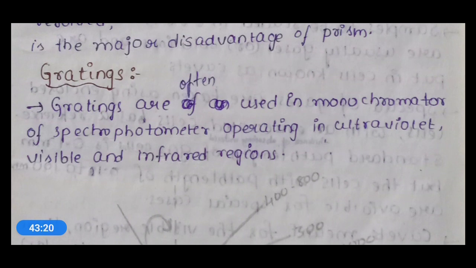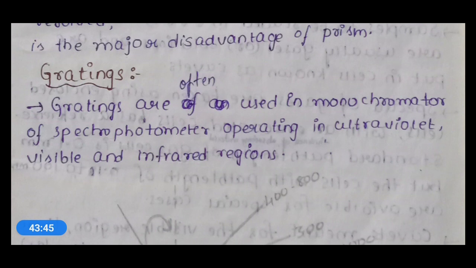Apart from these two, for infrared radiation, the Nernst glower and the Globar are used. In the Globar a silicon carbide rod is used, and in the Nernst glower zirconium and yttrium rods are used. So these are the light sources.